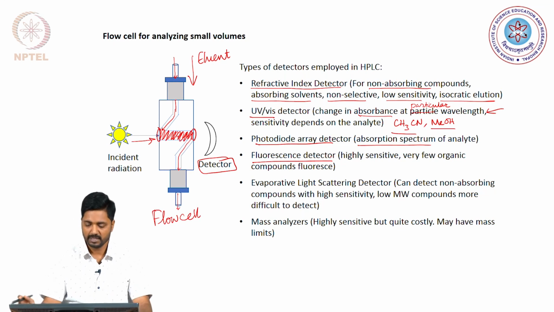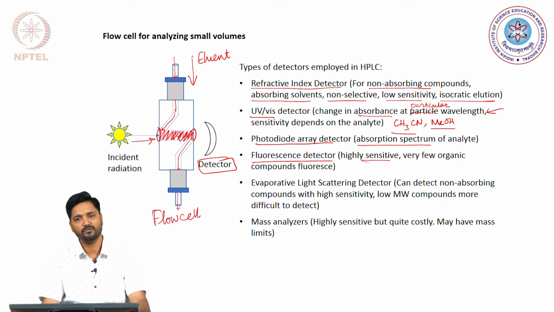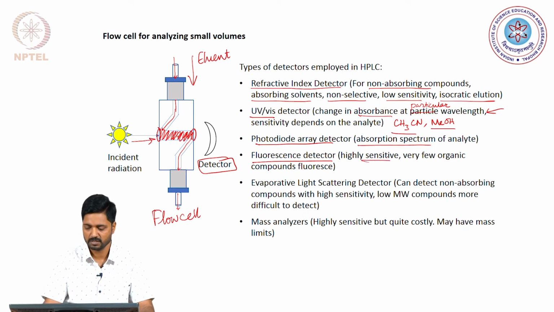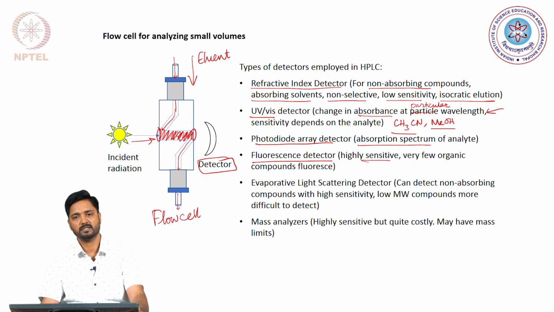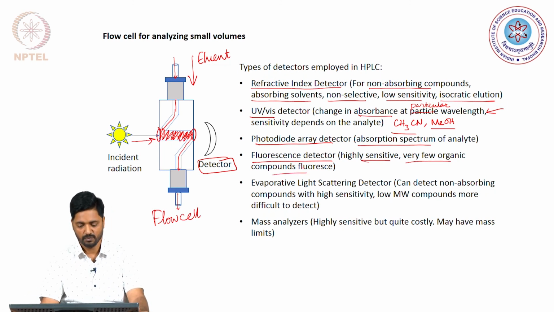Now, of course, this detector is highly sensitive. It is also selective for compounds which fluoresce, but it has to be remembered that this detector has a somewhat limited utility only for compounds that can emit fluorescence, and there are very few organic compounds that actually fluoresce.